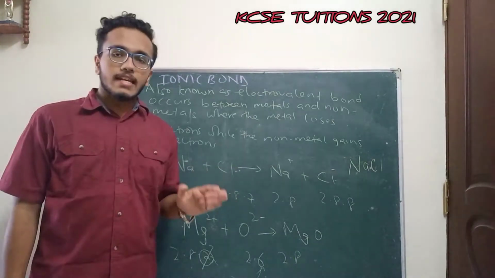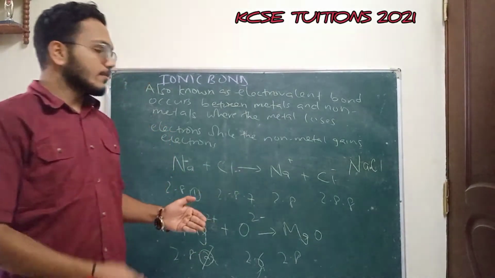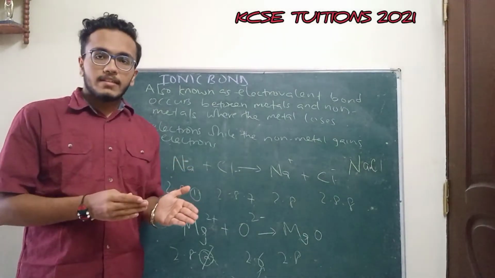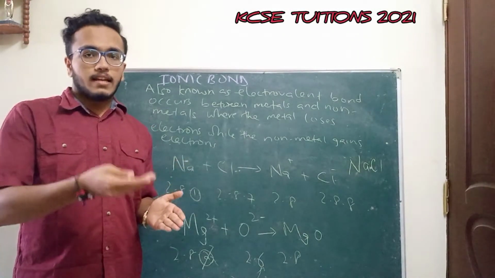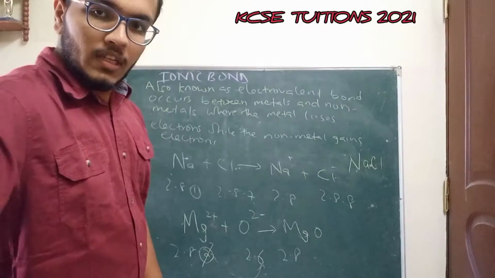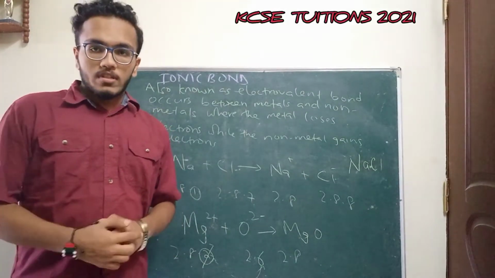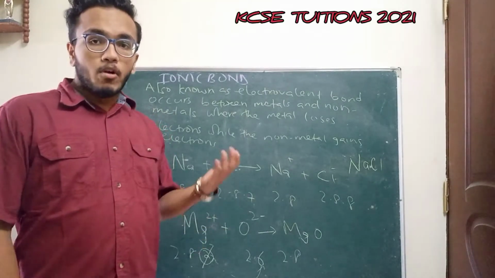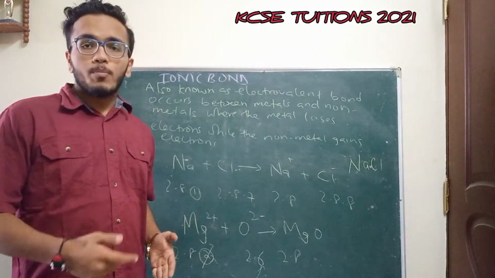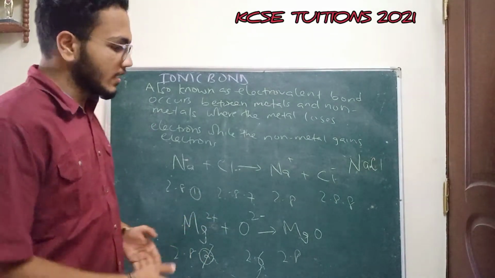Now the strongest ionic bonds are formed with metals in low energy levels. The strongest ionic bonds are formed between elements at the bottom of group 1 and group 2, which are metals, and elements at the top of group 7 or group 8, which are nonmetals.